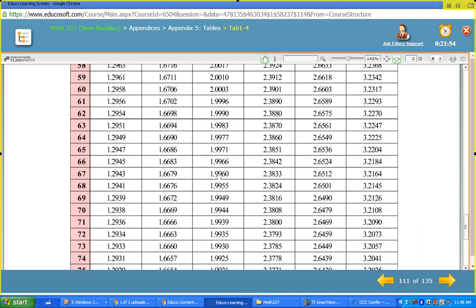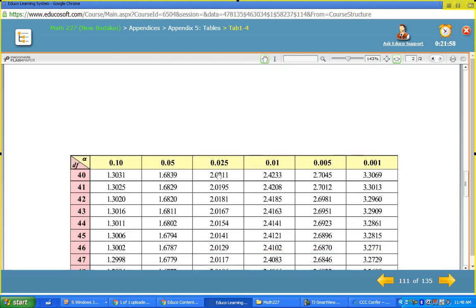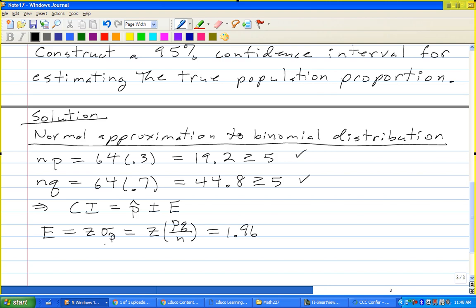That says there's 2.5% on each side, meaning the total of the two tails combined is 5%. Therefore, what's in the middle is 95%. And so that is the critical value for the normal approximation.